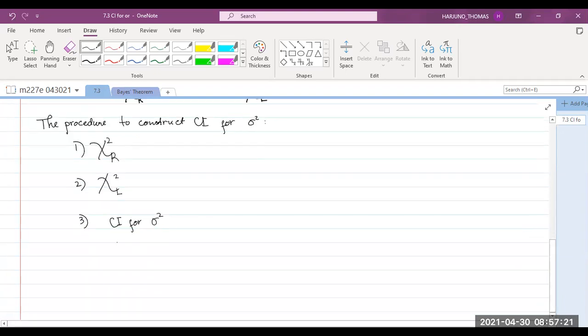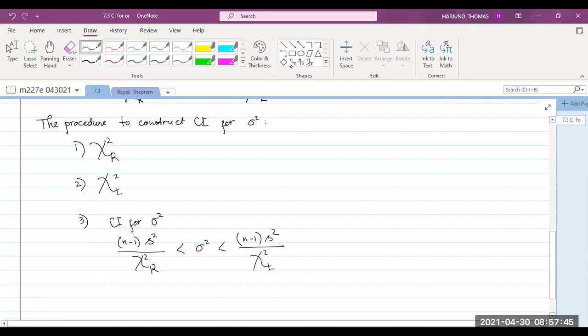The formula is n-1, the degree of freedom, times sample variance over chi-squared right, less than sigma squared, less than n-1 times S squared over chi-squared left.